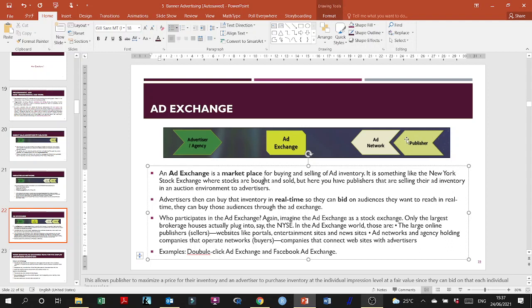This side supplies, this side sells. Supplier side starts with an S, and this side is the side that buys. So the ad exchange here allows for a marketplace kind of functionality for buying and selling the ad inventory.